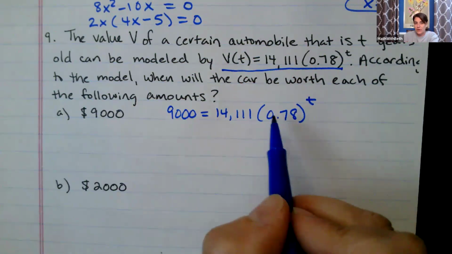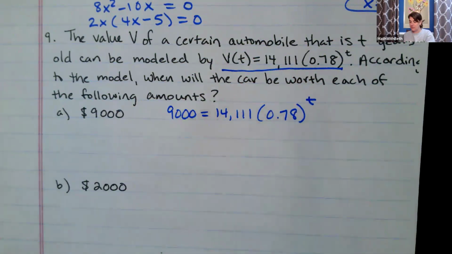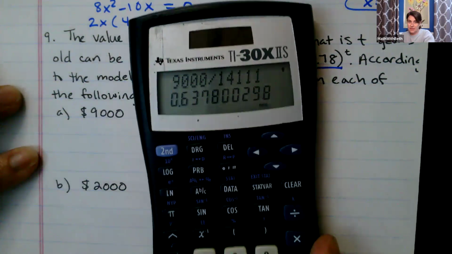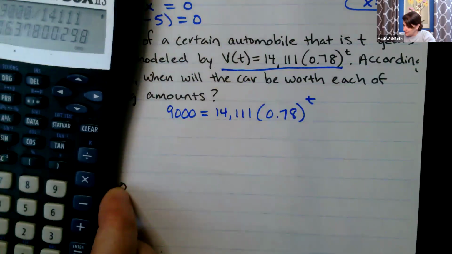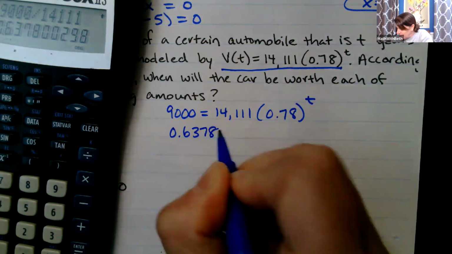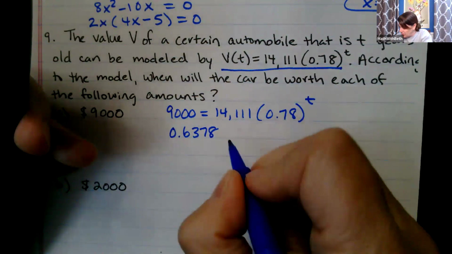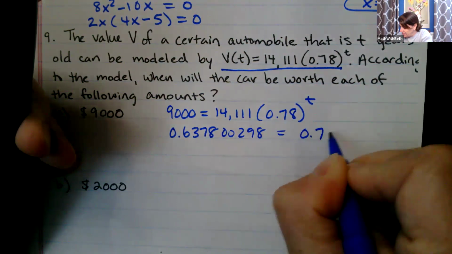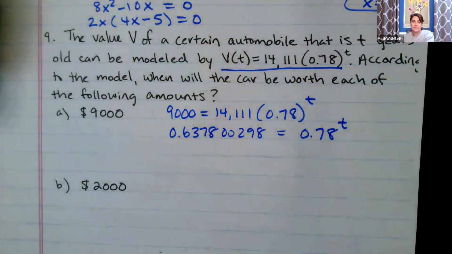So the first thing we're going to want to do is divide by that 14,000. So we're going to do 9,000 divided by 14,111, which is giving us this answer that is not so nice. So I'm going to just write as many numbers as I see, even though that's annoying, because I don't want to round until the end of this problem.